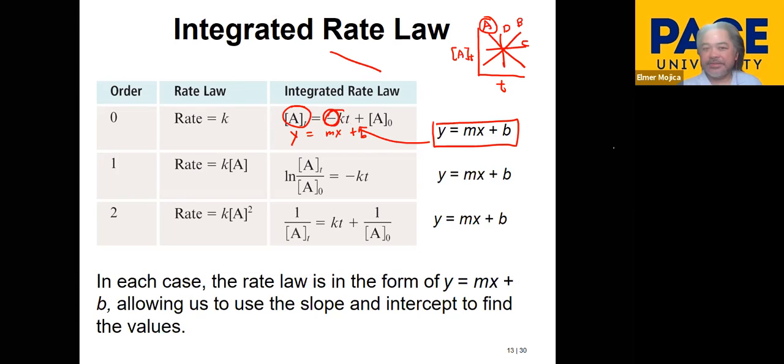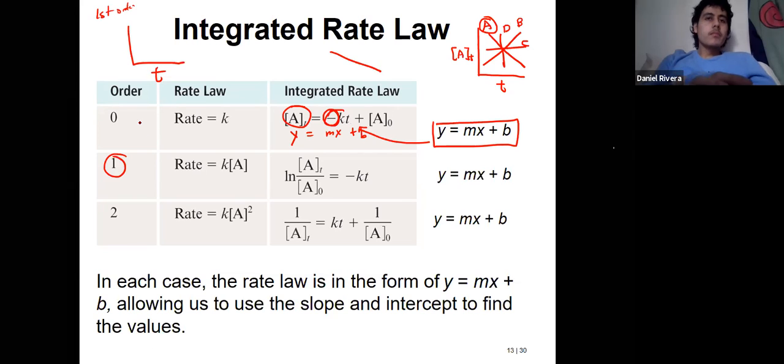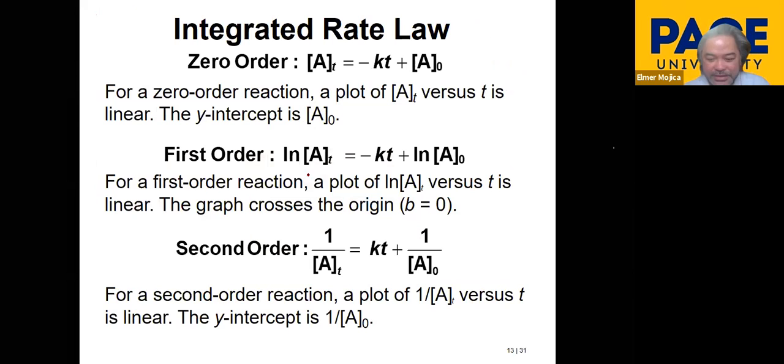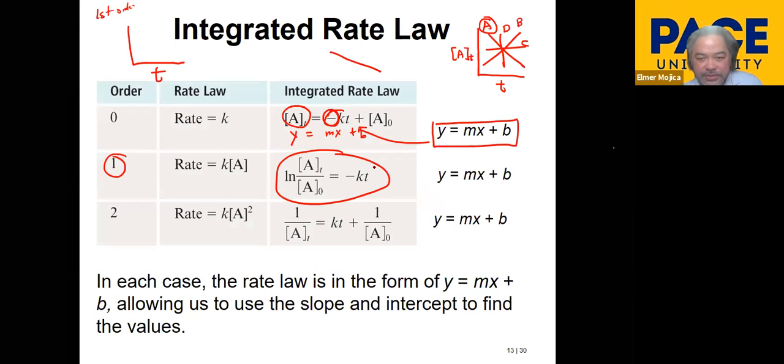Everyone? Okay. Now, what will change if I make it a plot of a first order? What is my X value here? Still the time. But what is now my Y value? I want you to look at here. How are you going to make this in the form of this?